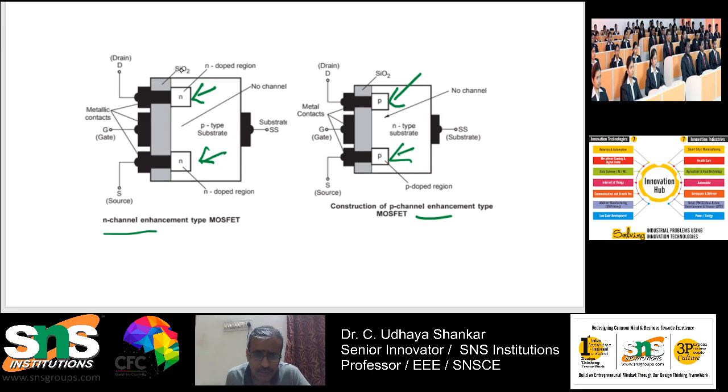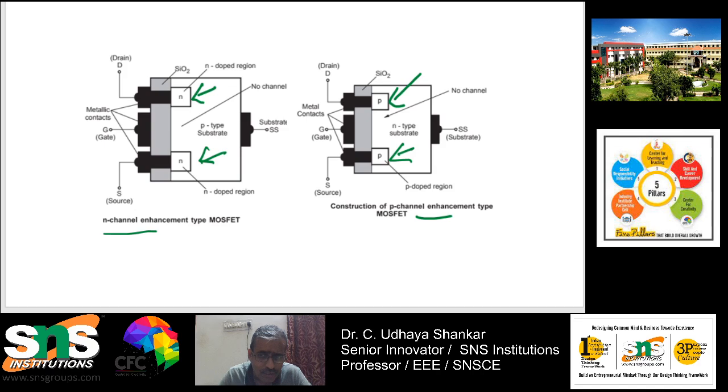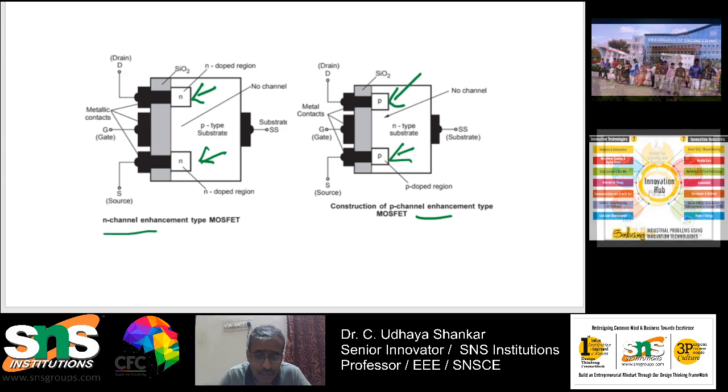This is called a P substrate. So there is a P substrate, and you can see two highly doped N regions diffused into that P substrate. That's how it has been constructed. The source and drain are taken out.